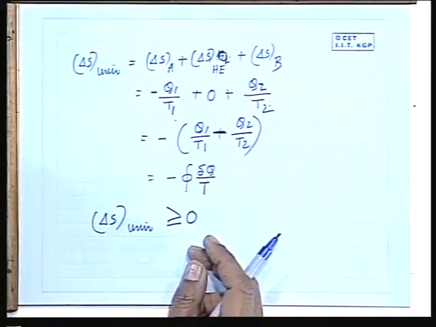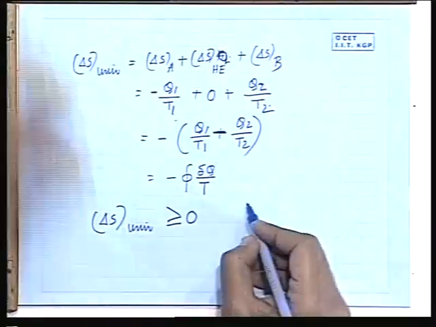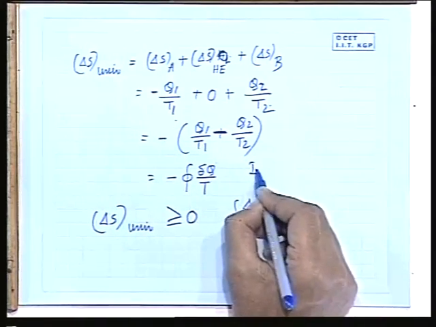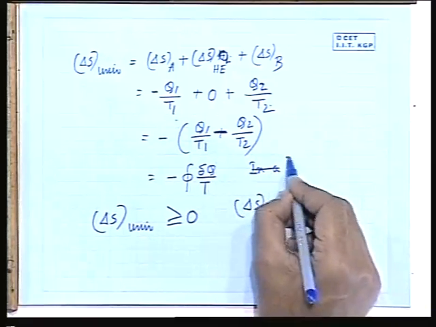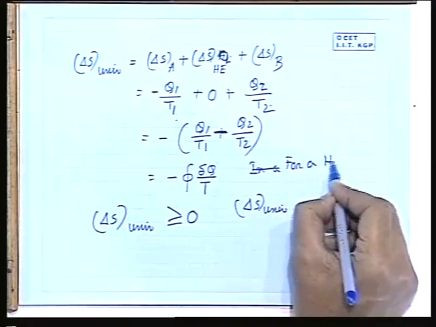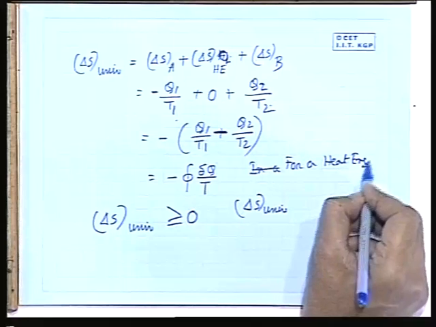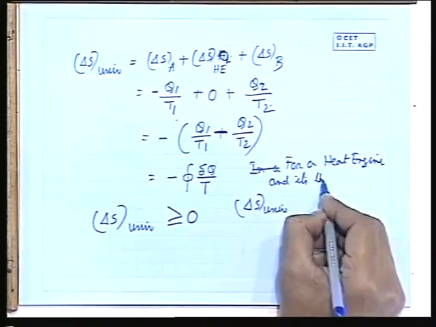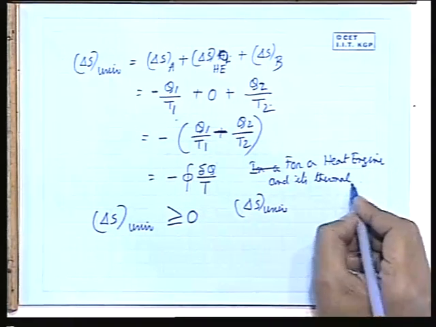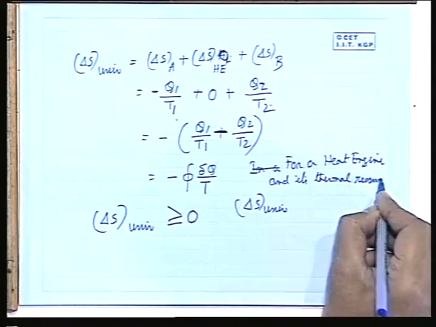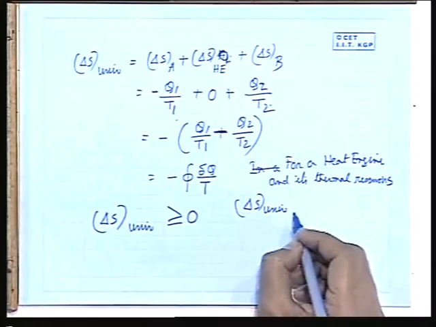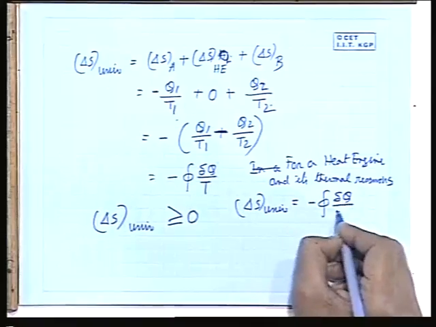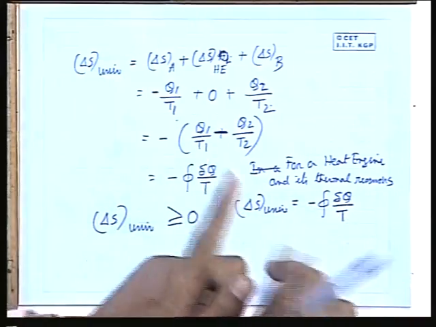That means what I want to say now, this delta S universe in a cyclic process, for a heat engine and its thermal reservoirs, is nothing but minus of cyclic integral of del Q by T. So these are synonymous things with a change in the sign.